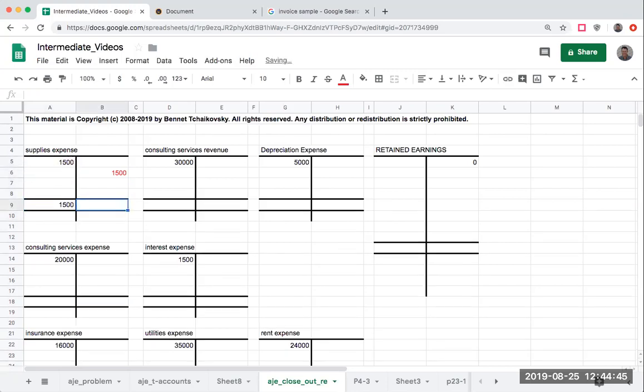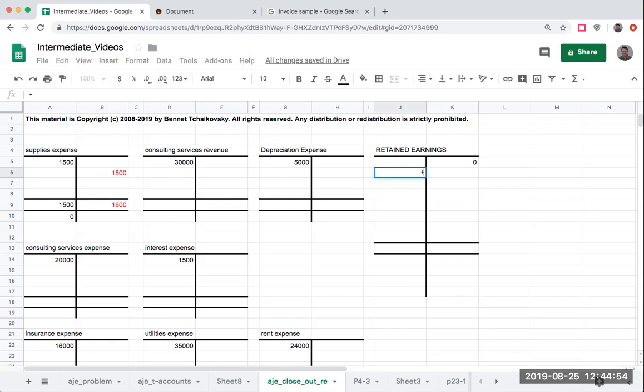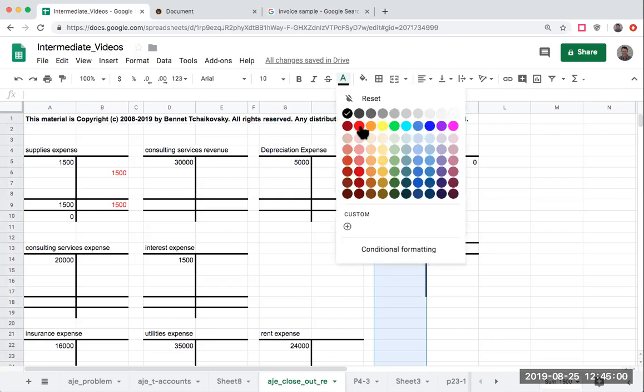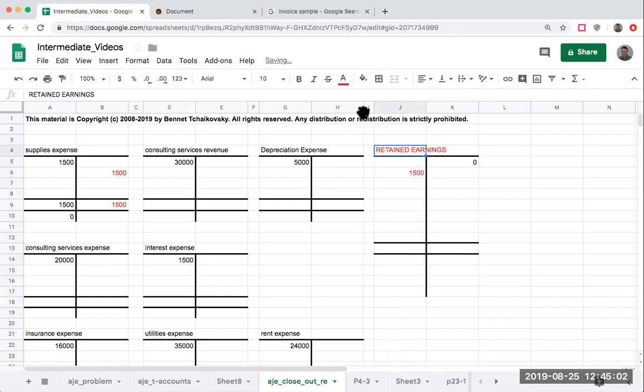As we've said in accounting, for every debit, I need a credit, and for every credit, I need a debit. So if I'm crediting supplies expense, that means I'm going to be debiting retained earnings.